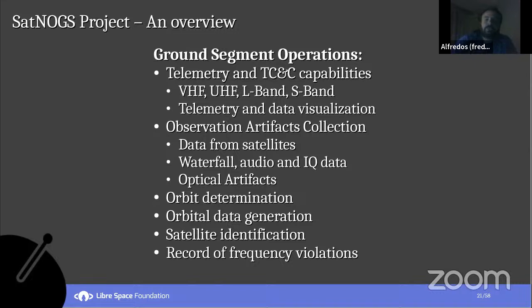And the gathered telemetry and data, we try to visualize. We also have a collection of observation artifacts like the data of the satellites, waterfalls, audio, and IQ data, as well as some optical data from observations.